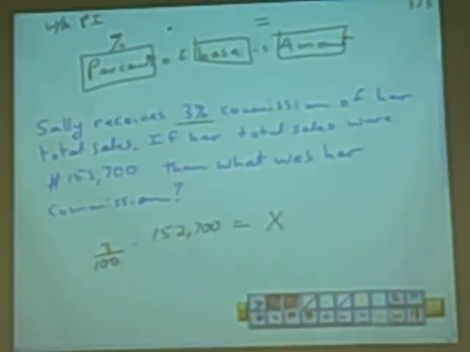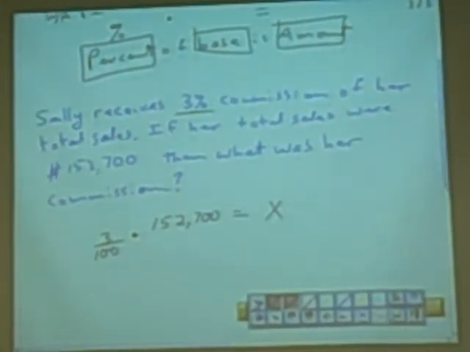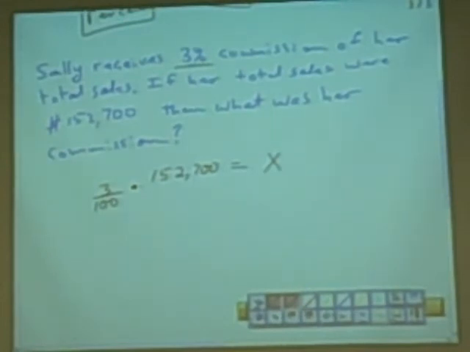Okay? So we want to know what fraction or what percentage of our total is 3%. So we can say, all right, 3 over 100, that's going to be point what? 0.03, careful.